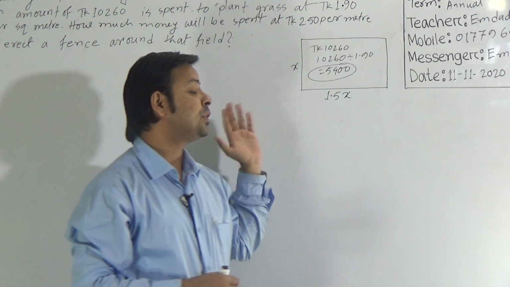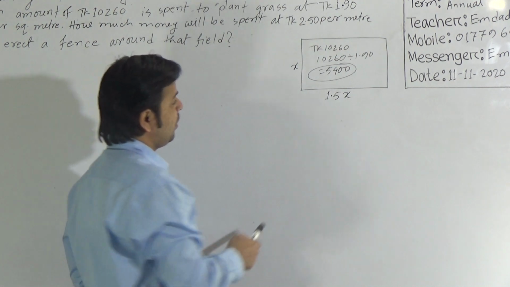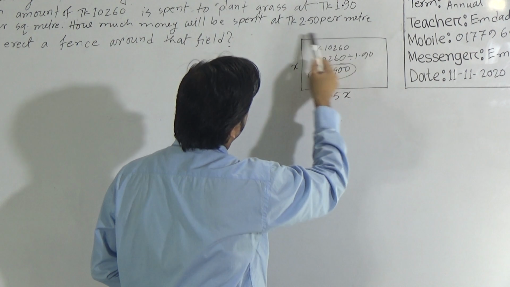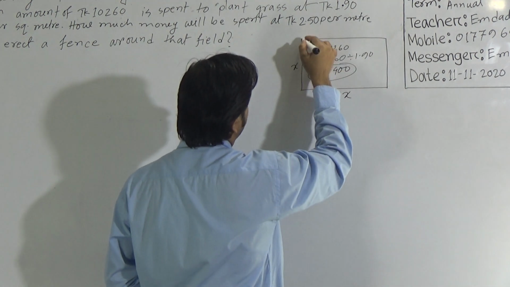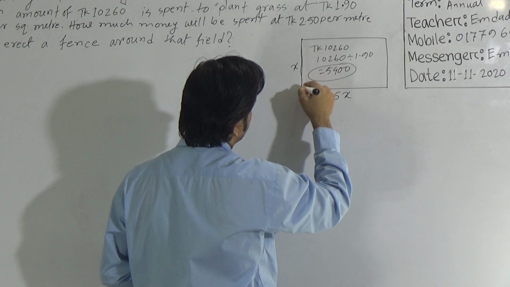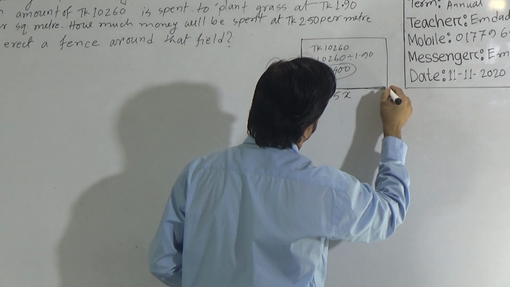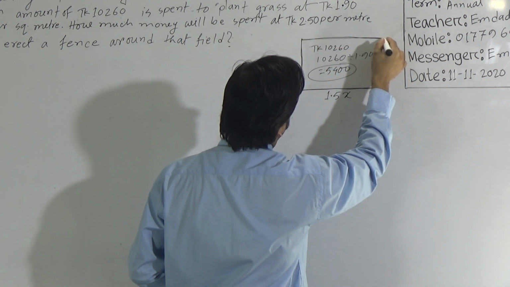But what do we need to determine? We need to determine the total cost for erecting a fence around the field. It means that if we know the length and breadth, then we need to know the perimeter of the field, as the fence is erected on the perimeter.